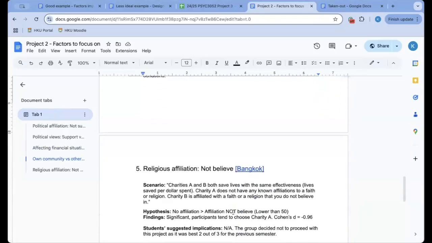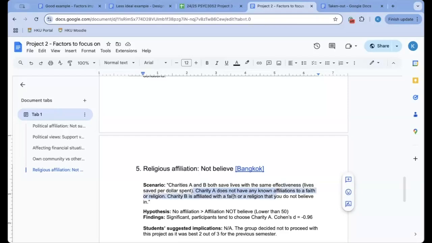And the final one I'm going to cover would also be from Bangkok. This time they proposed a factor about religious affiliation. In this scenario, Charity A and Charity B both save lives with the same effectiveness, lives saved per dollar spent. Charity A does not have any known affiliations to a faith or religion.